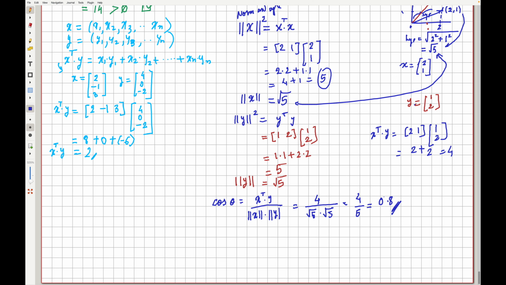To get theta, we would simply do arc cos of 0.8, and let me look into the calculator to get that value. That value is 36.86 degrees.